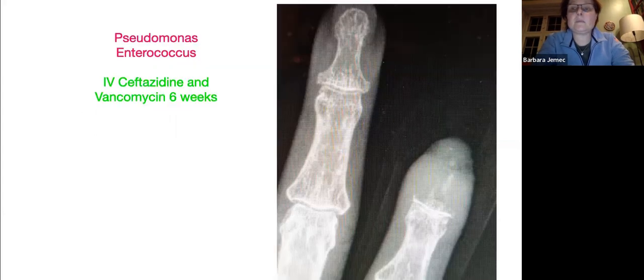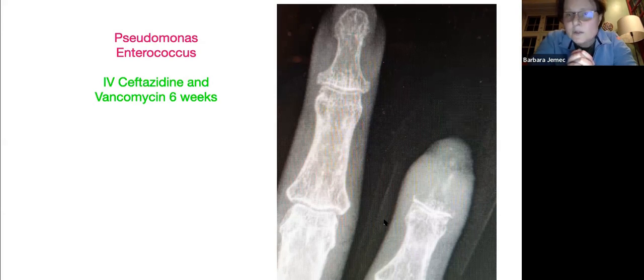Osteomyelitis is also an acute infection. This was a lady I've also seen recently who presented with a little bit of pus underneath her nail if you squished it a bit. She was sent to me for a biopsy to exclude osteomyelitis, and I took an x-ray. No points for guessing which finger is the problem.